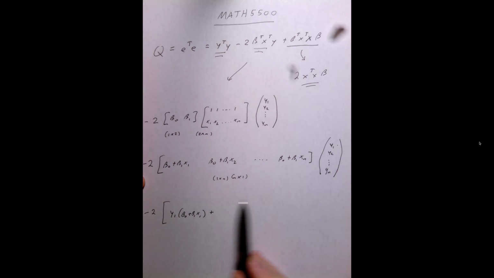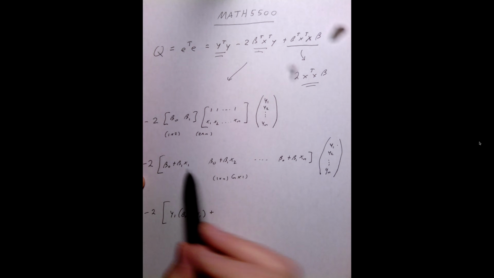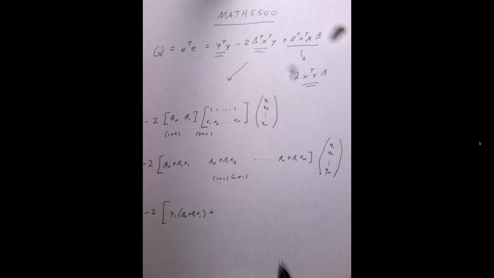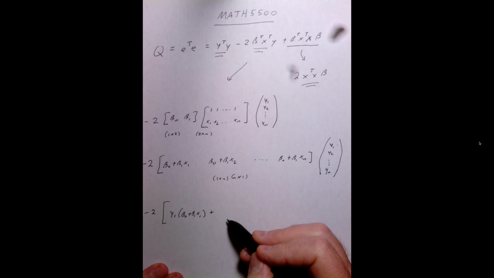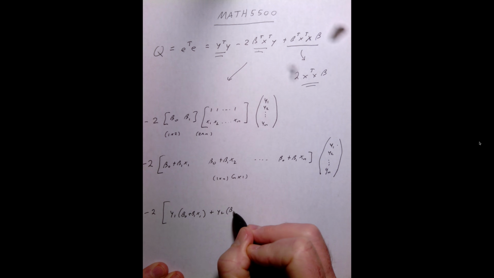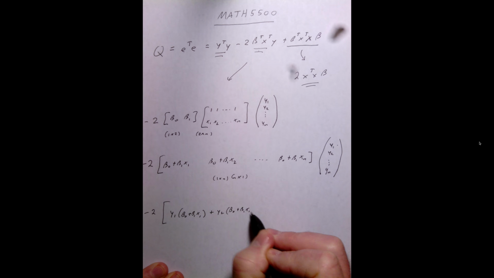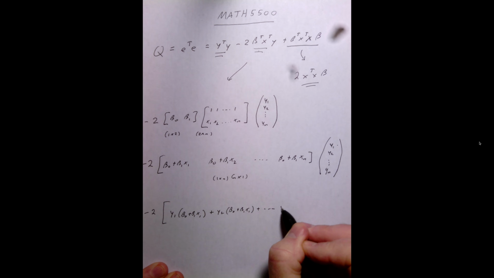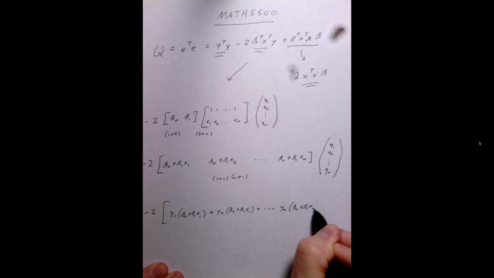This is all going to create a 1 by 1 matrix. I'm sorry, an n by 1 right here. This is all just going to collapse to be one matrix. So again, linear combination: y2 times beta 0 plus beta 1 x2, plus yn times beta 0 plus beta 1 xn, right? Make sure, pump the brakes just a second, make sure I didn't do anything silly.